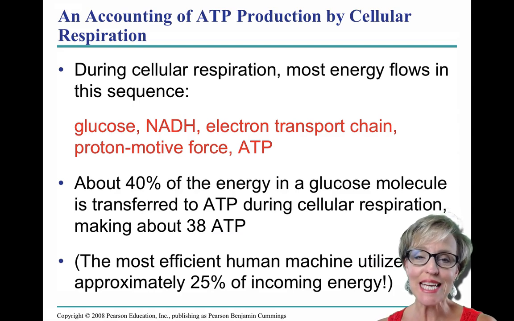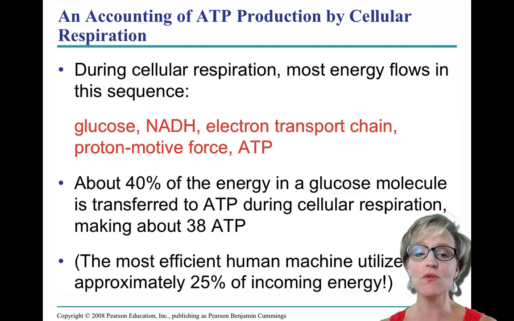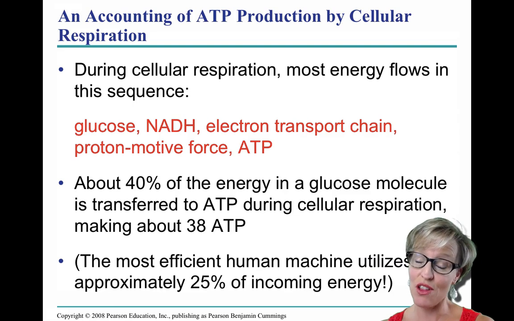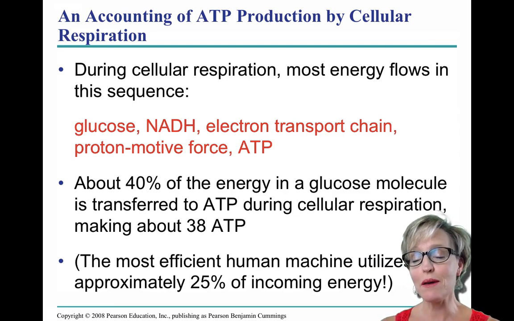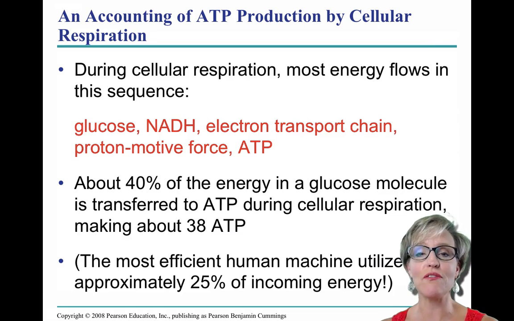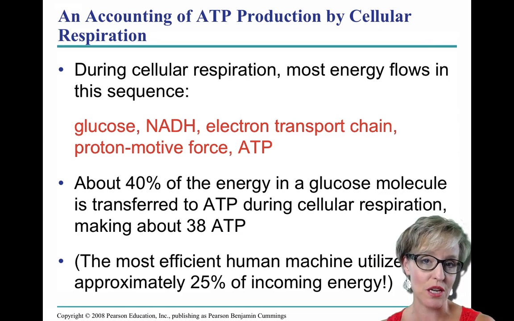Now, it's very interesting that the mitochondria is only 40% efficient in gleaning the potential energy from glucose. 60% is lost, it's wasted. You might think that's a high amount of waste, but the most efficient human-made machine is only 25% efficient.